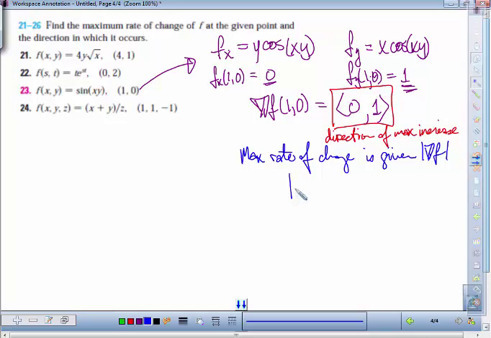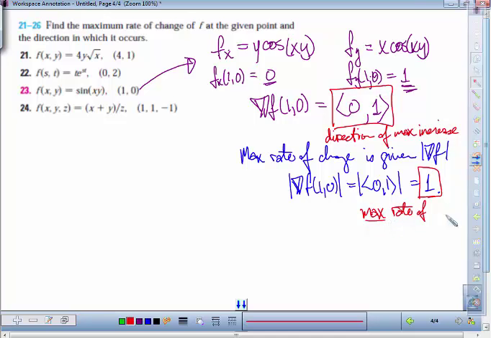So the magnitude of the gradient at 1, 0 is going to be the magnitude of 0, 1, which is going to be the square root of 0 squared plus 1 squared, and that's just going to be equal to 1. The square root of 1 is equal to 1, so this is it. Say maximum rate of change.